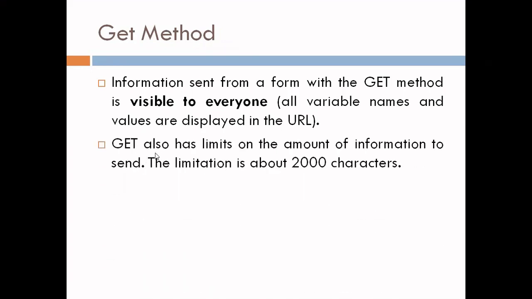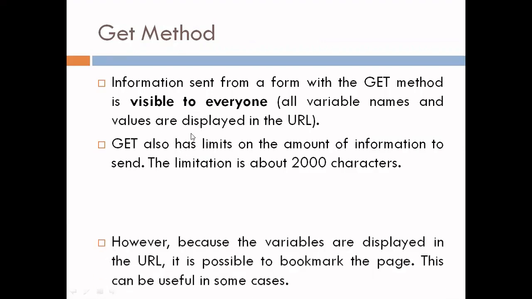Get method also has a limit on the amount of information to send. The limitation is about 2000 characters. So whenever we are using get method to submit data from one page to another page, it has a limitation of 2000 characters.